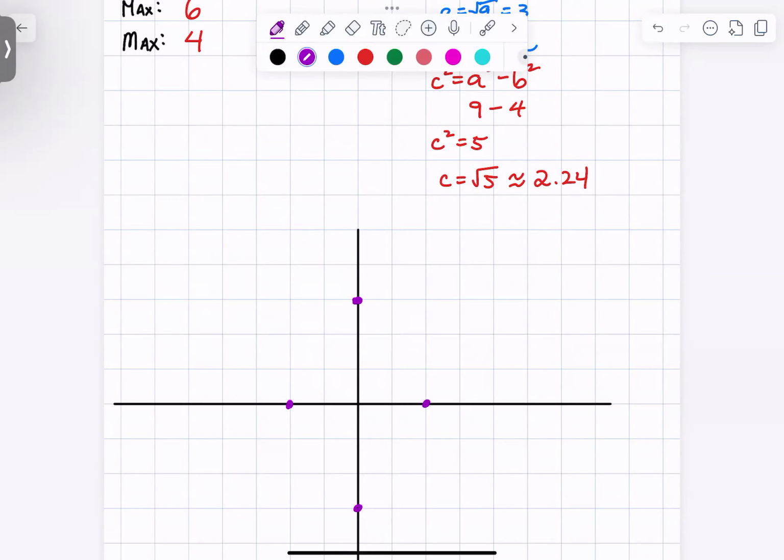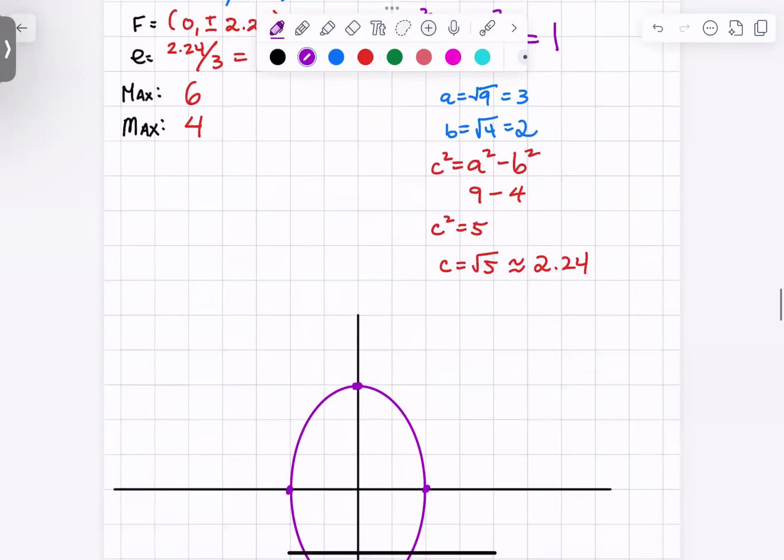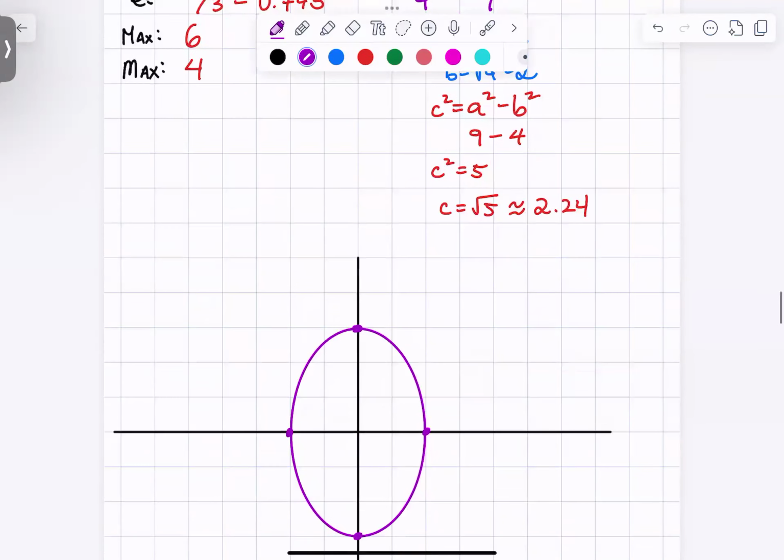Draw the ellipse as well as you can. My foci are 0, comma, plus or minus 2.24. So 1, 2, and just a little bit. Cool? Questions?